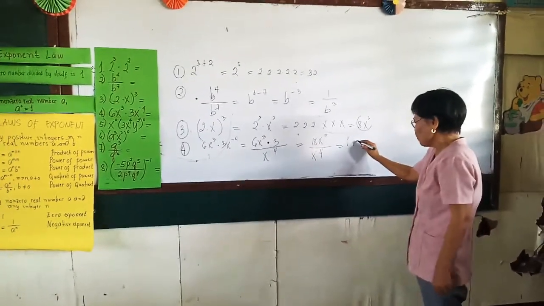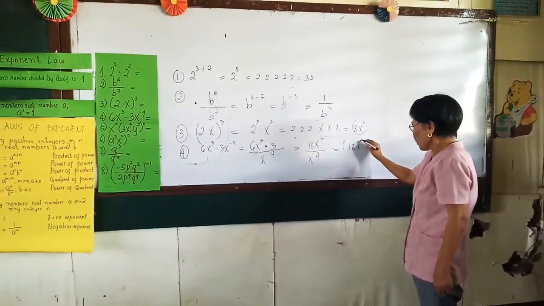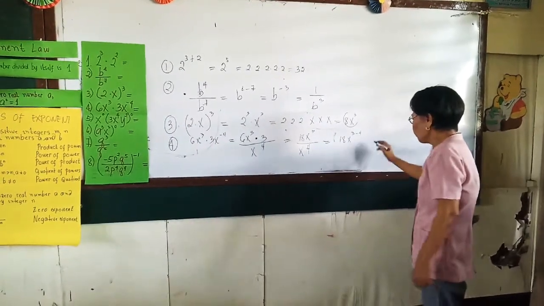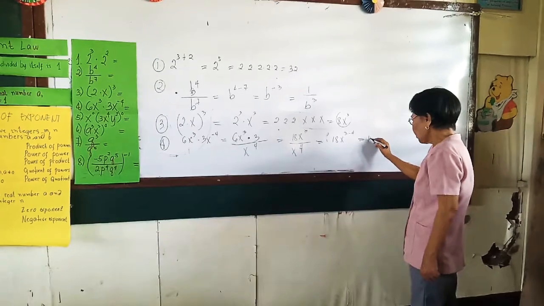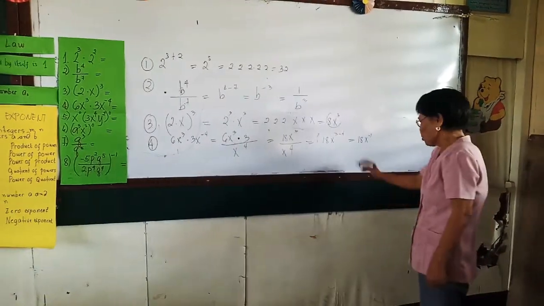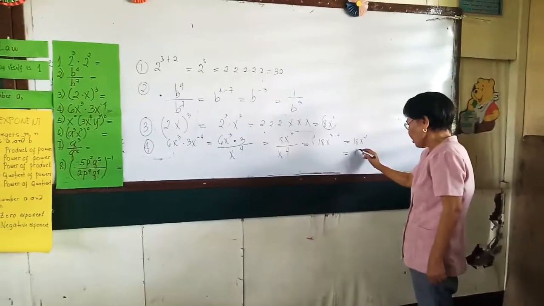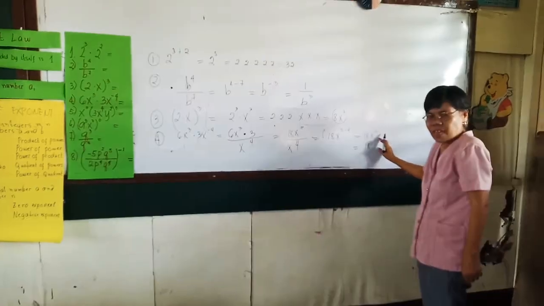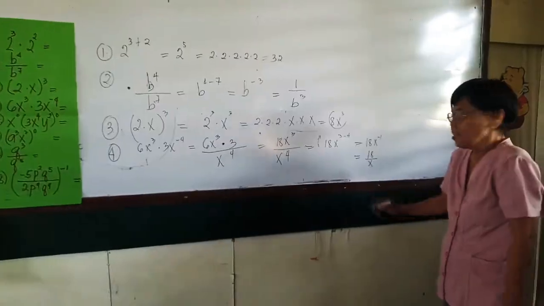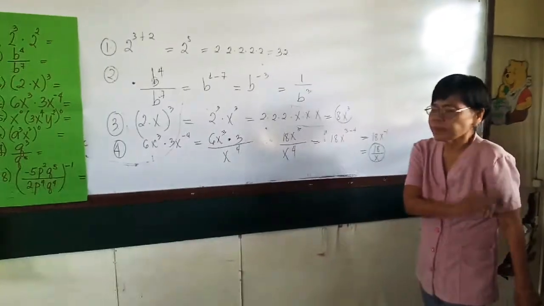So 18 x cubed minus 4 equals 18 x to the negative 1. So therefore, the answer is 18. Since x has a negative exponent, this is over x. So this is the answer.